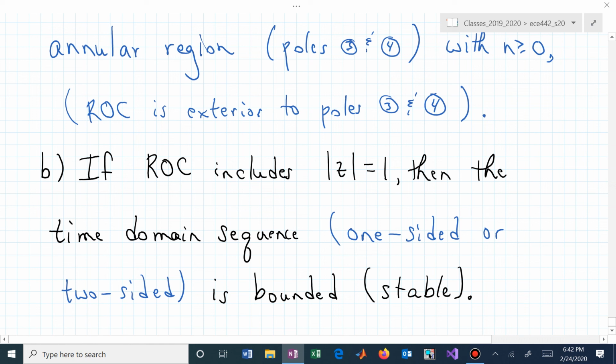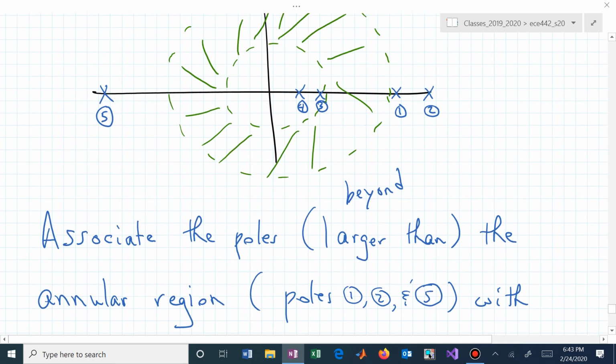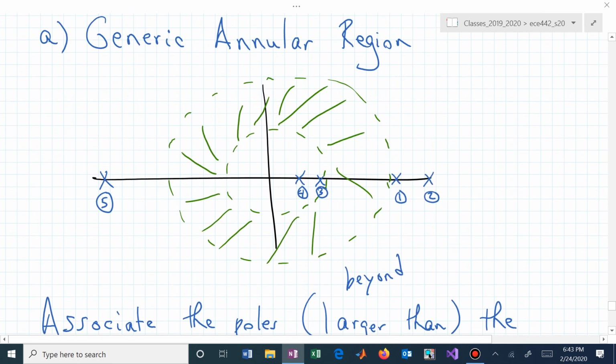In this case, for this annular region, what do we know is true? Do we have a two-sided or a one-sided? Two-sided, because we had some poles defined for n negative, some poles defined for n non-negative. So we had a two-sided sequence, and with this picture, can we say what the time domain sequence is going to do?